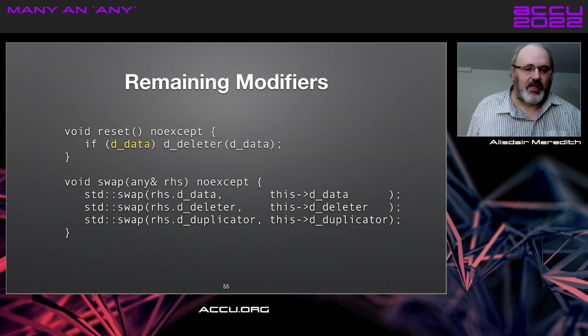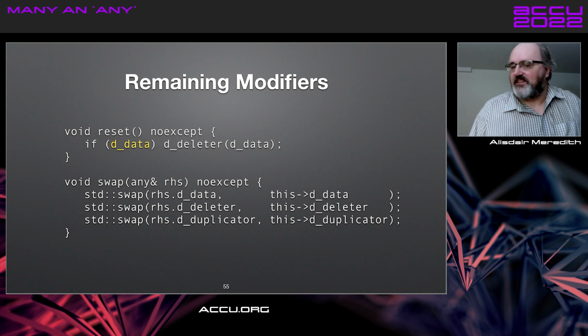But yes, there is a missing line that resets d under data to null. And likewise, the swap function will member-wise swap each of the different members. And naturally, you're swapping pointers. It's cheap, it's efficient, it just does the right thing.